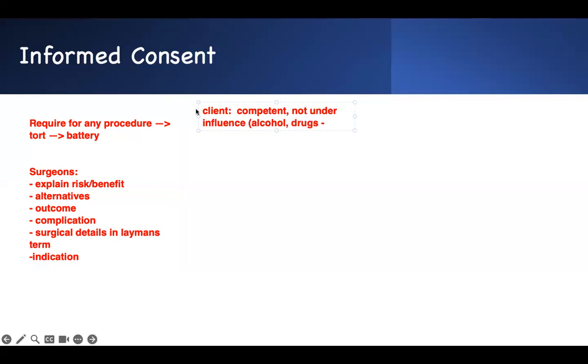What I mean by drugs is things like sedatives. You're not taking any narcotics, and it should not be coerced. Like, you can't force me to do that. We have to meet all those standards. It should be voluntary from the patient.